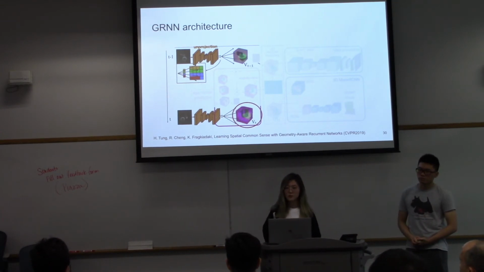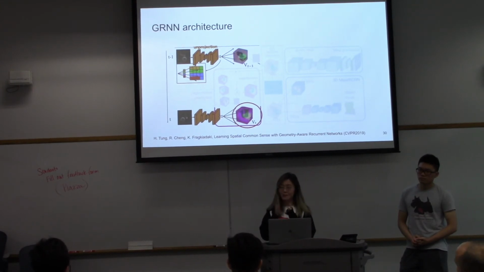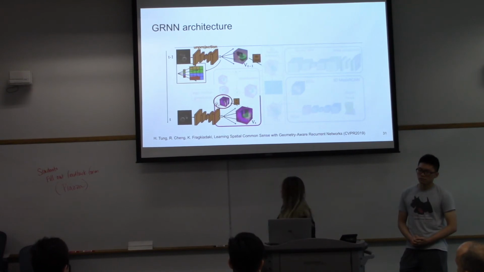And then the 2D image feature will be projected to a 3D feature, which is actually a 4D tensor. So this VT is the 4D tensor. Then the 4D tensor will be the input of a 3D UNet to get a VT bar, which is the latent feature for this exact viewpoint.